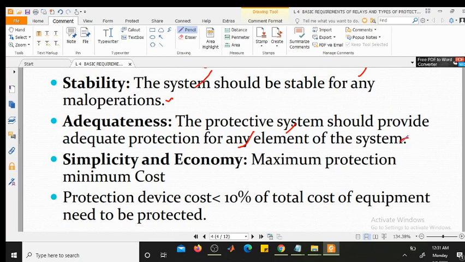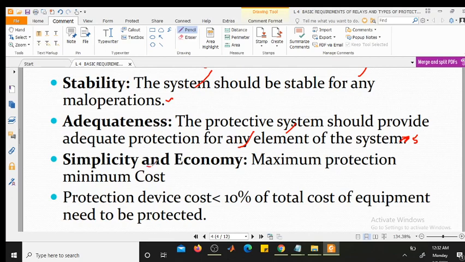Also, each and every minute it should be able to detect the fault. If a fault occurs in the first minute and in the second minute also, it should detect it each time. That is adequateness.